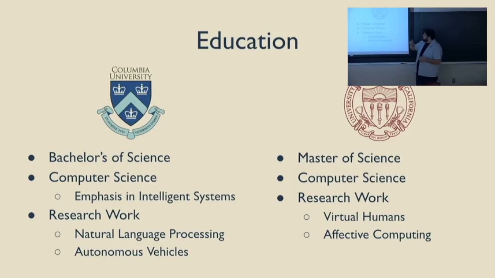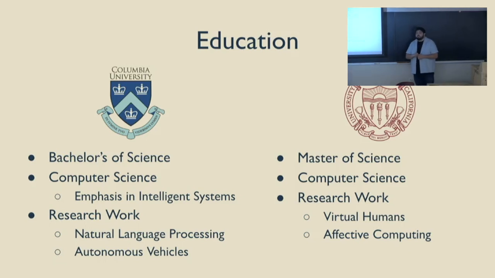Then from there, I went to get my master's at USC, up in LA, also in computer science. The research I did there was more about virtual humans and affective computing. Virtual humans: how can we represent a human being with a computer and have people interact with that computer? And affective computing: how can computers read, understand, and display emotion?